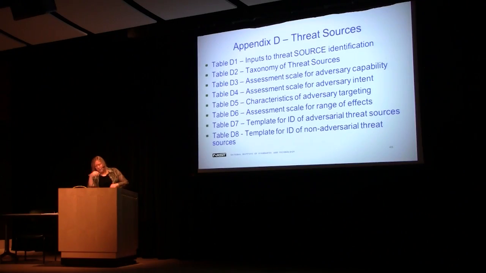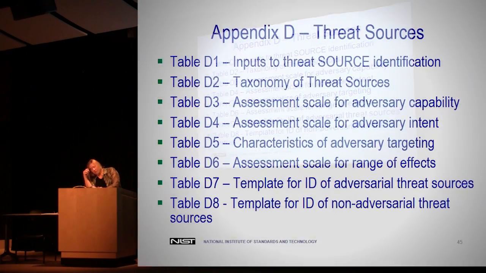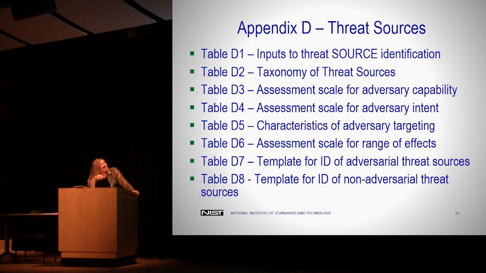Okay, so each appendix, why did I not print these out so that I could see them? So these are the tables that are provided in the Appendix D, and again, we'll be using these. The table 1 is always just input to the threat sources. What inputs did we use to make the determinations for the other tables? So when we do the workshop, I largely ignore the number 1 tables in every appendix.